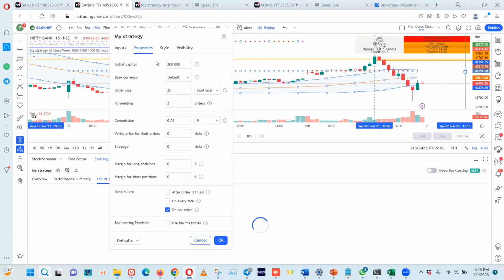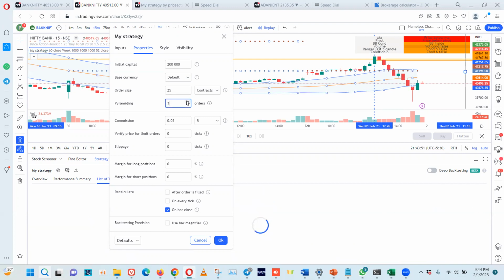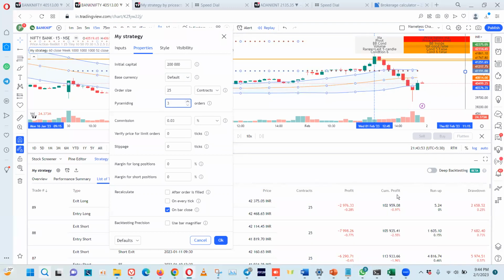Okay, so that will be the capital required for 1 lot. Pyramiding, we can change from 2 to 3 and check what happens. The profit is decreasing. So pyramiding up to 1 more trade is possible in Bank Nifty.